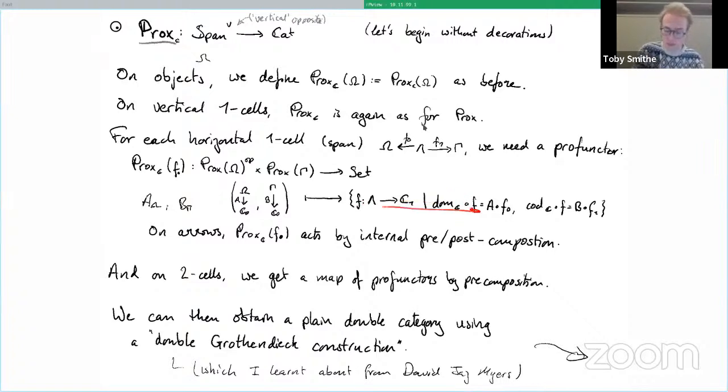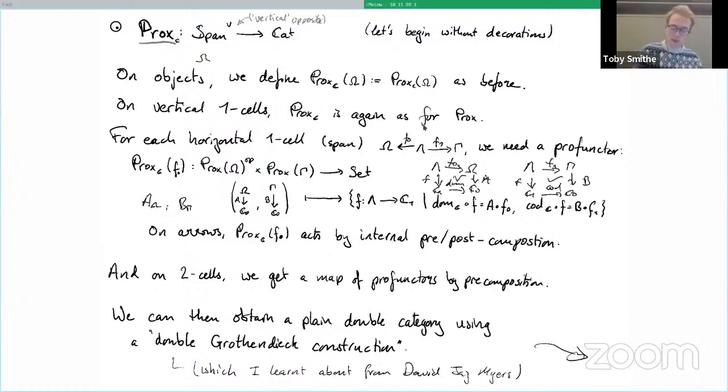So this just says that if I take lambda and I look at the domain, it's really the same thing that I would get by going from lambda using F0 to omega, and then from omega down to D0 using A. And so I have two squares like this, with C0, C1, C0, A, B, F1, F0, Dom, and Cod. And so I say that both these squares have to commute.